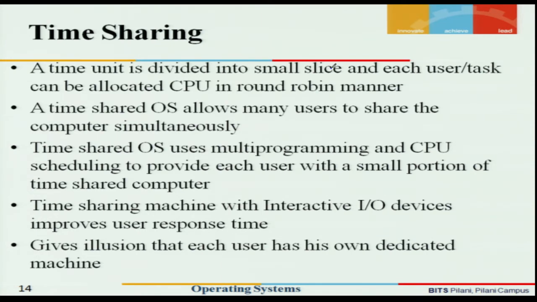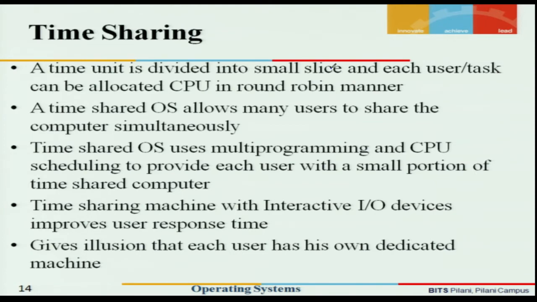So, multi-programming on a single CPU system is achieved using what we call a time sharing mechanism. Here in this mechanism, unit time is divided into small slices, and each time slice is assigned to each job in a round robin manner.